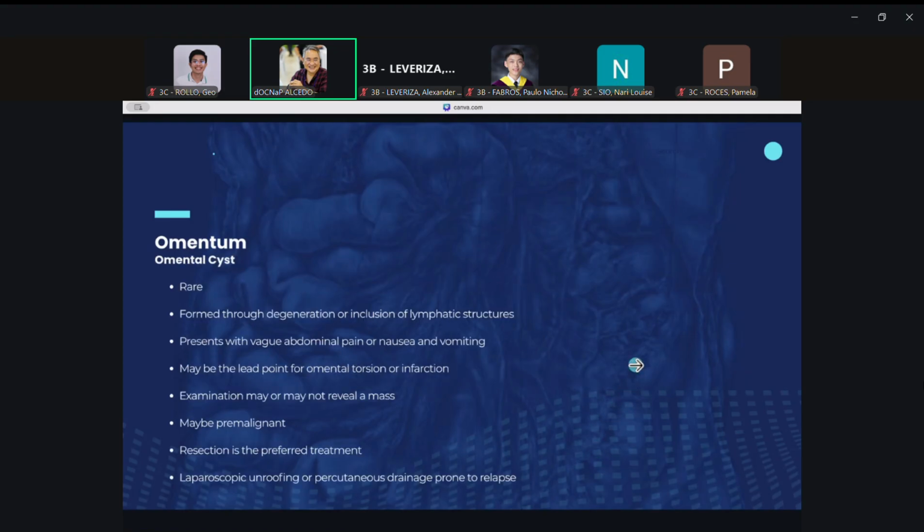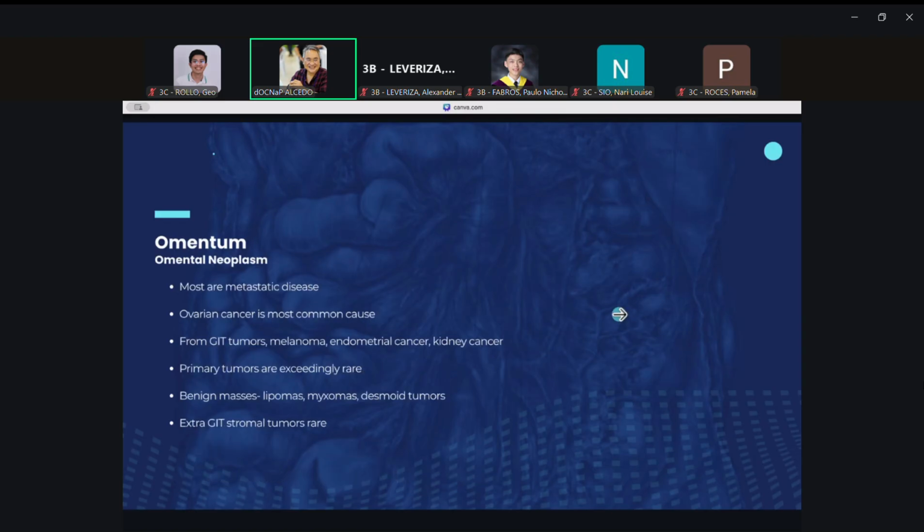So there are several diseases that will involve the omentum, like your omental cyst, okay? And it can be pre-malignant, and the preferred treatment is resection. Neoplasms can involve the omentum, and most of the time they are metastatic from the ovaries, from the GIT, okay?